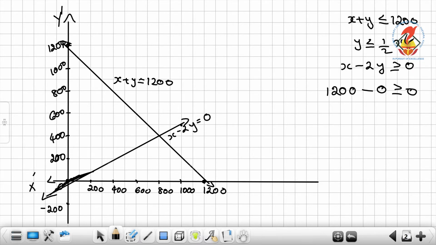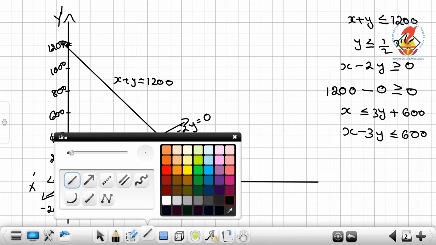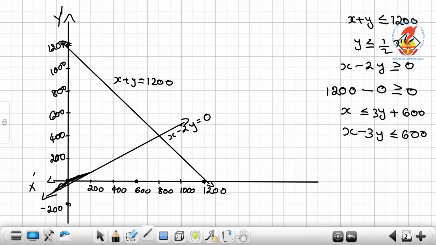Now the third line. What is the third line? X is less than or equal to 3y plus 600. Am I right? So 600, 0 and the other one is 0, minus 200. And draw the line.